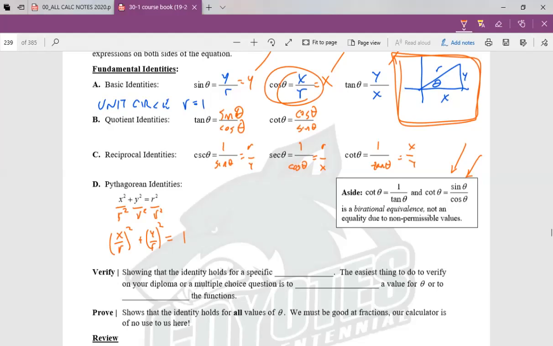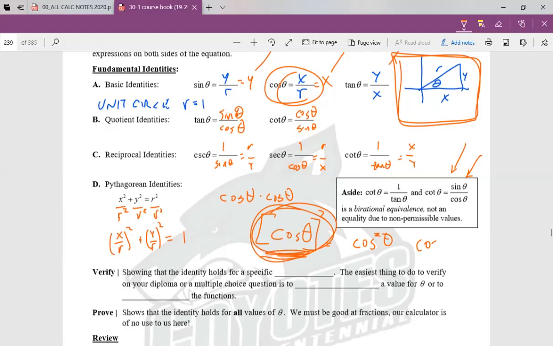Now remember, I'm just going to write this over here to show you. If we have cosine theta and we are squaring it, meaning cos theta times cosine theta, that's usually what we're going to be dealing with. Instead of writing it like this, it ends up being written with a superscript above cosine, not above theta. The reason is that this sometimes gets confused with that.